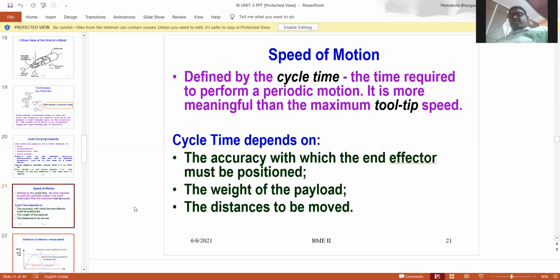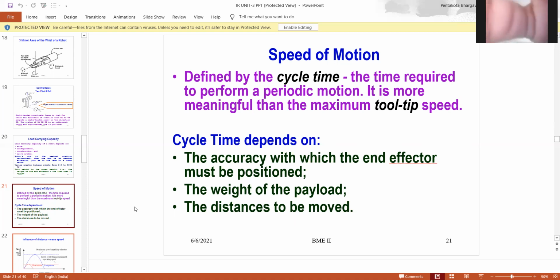The time required to perform a periodic motion is more meaningful than the tool tip speed. The tool tip means the end effector position.